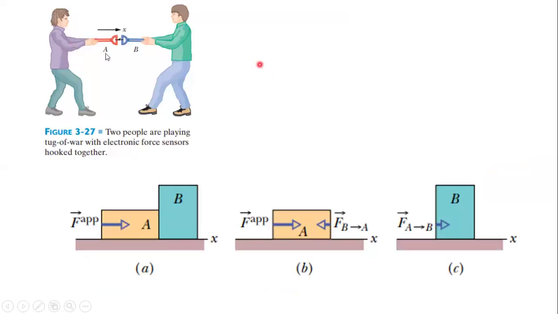You can see two people pushing. I think it's a game called tug of war. They should ultimately have the same force in opposite directions, right?